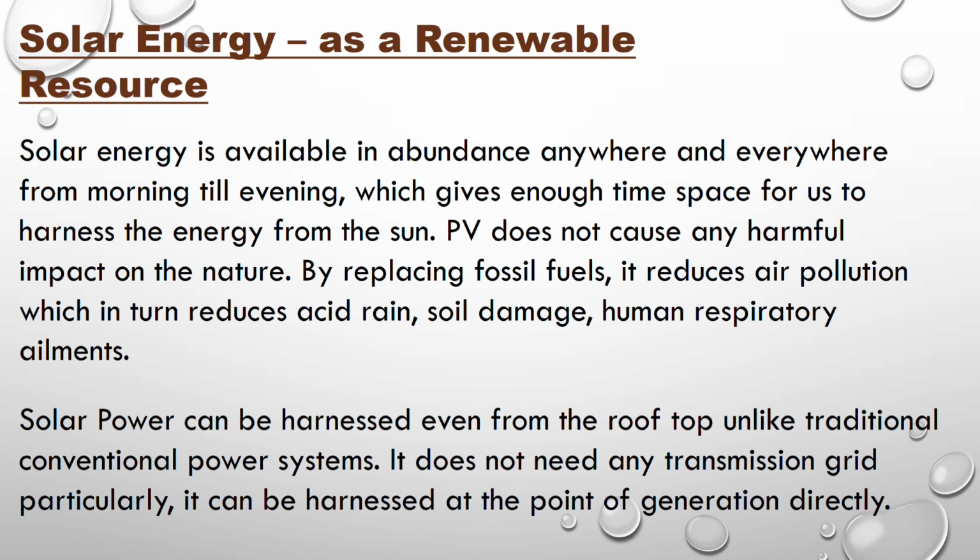PV does not cause any harmful impact on nature. By replacing fossil fuels, it reduces air pollution, which in turn reduces acid rain, soil damage, and human respiratory ailments. Solar power can be harnessed even from a rooftop. Unlike traditional conventional power systems, it does not need any transmission grid in particular. It can be harnessed directly at the point of generation.